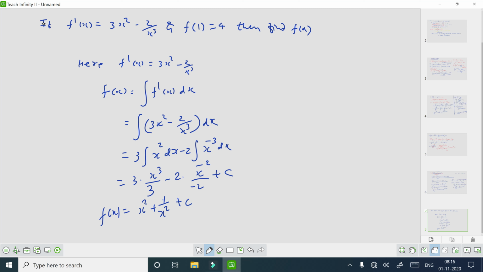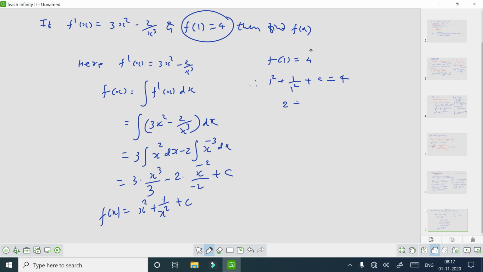But see, here one more initial condition is given to us. So use this condition. Now for x is equal to 1, just use that, f of 1 is equal to 4. Therefore, 1 square plus 1 by 1 square plus c is equal to 4.